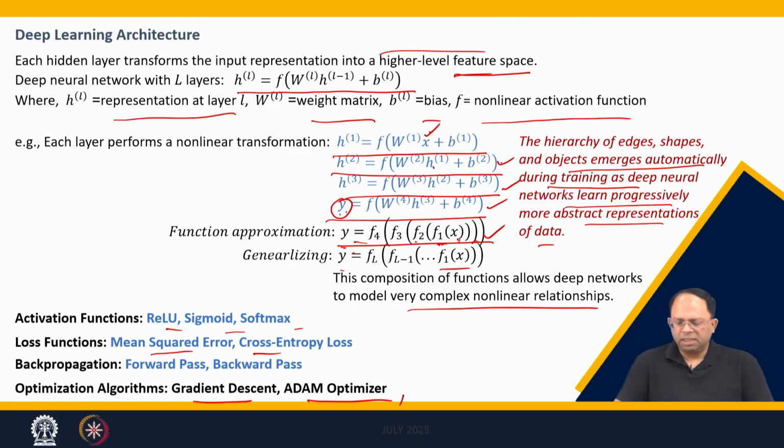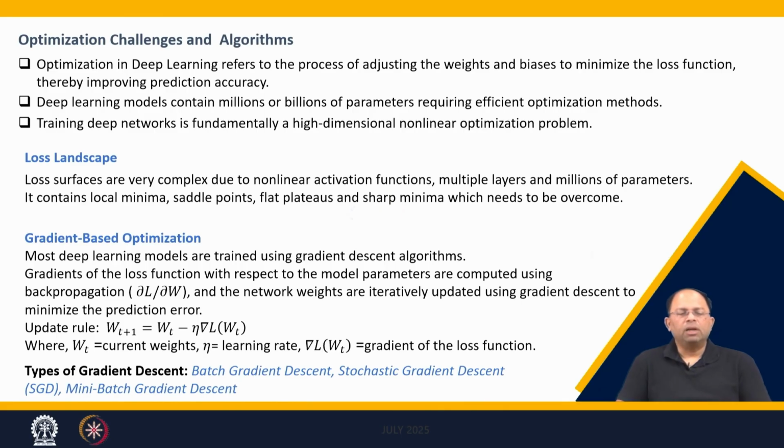Now why is optimization important? This is because in deep learning we are dealing with millions or billions of parameters, right? So many weights and biases. Optimization in deep learning refers to the process of adjusting these weights and biases to minimize the loss function, thereby improving prediction accuracy.